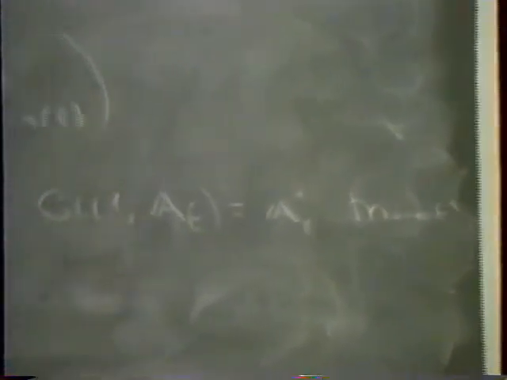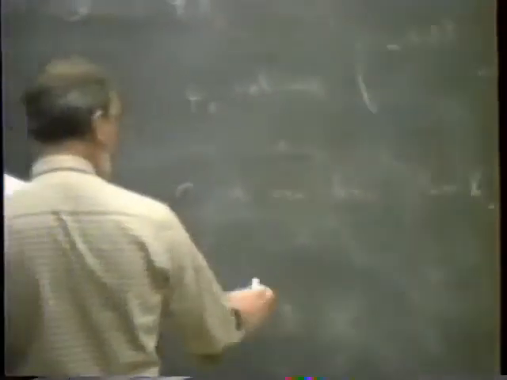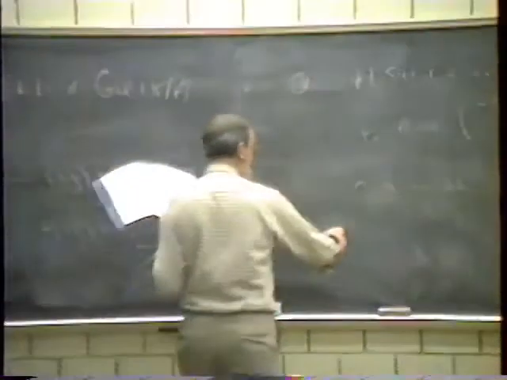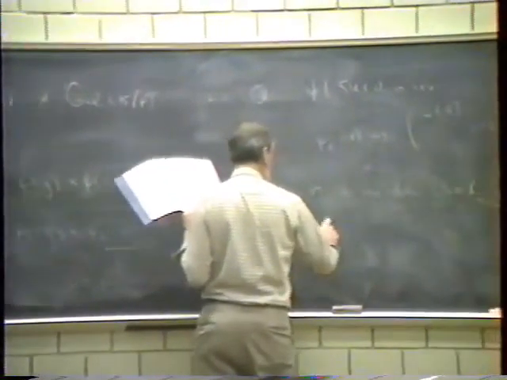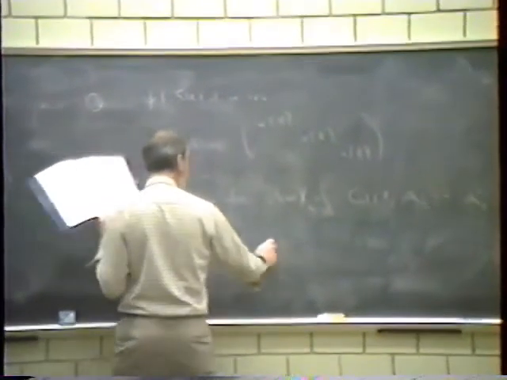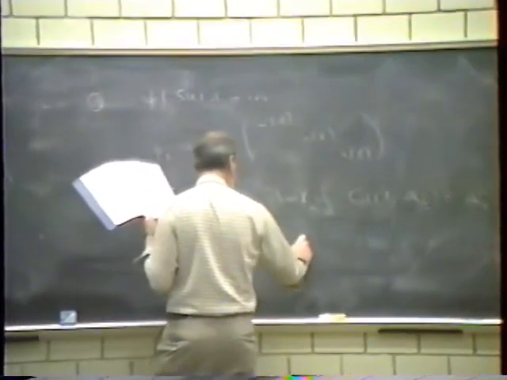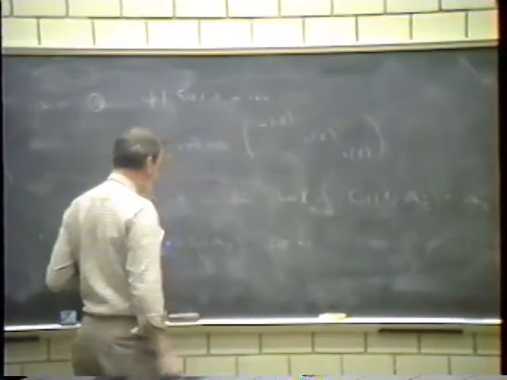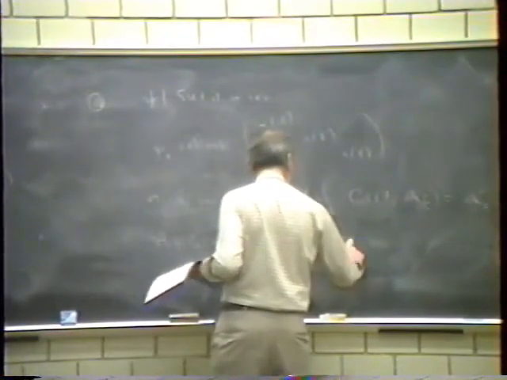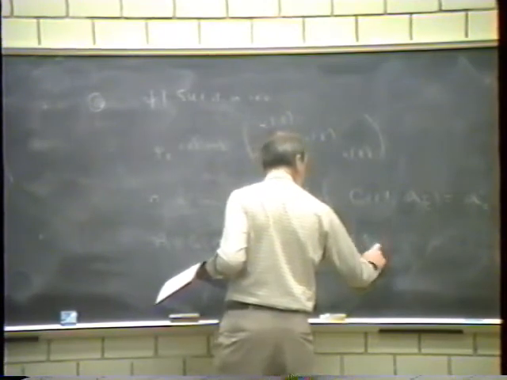Now, what does that mean? So suppose I take an element. Now suppose I take G. If I take A in G sub AF, then the determinant of A is an element of U1 AF.